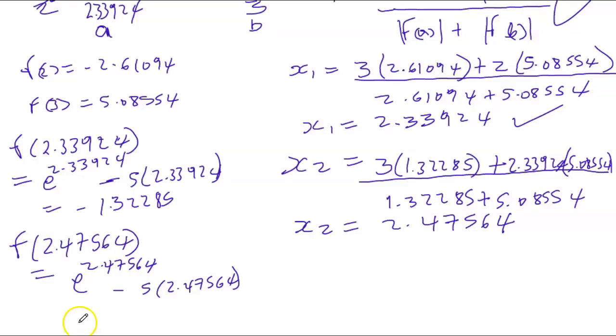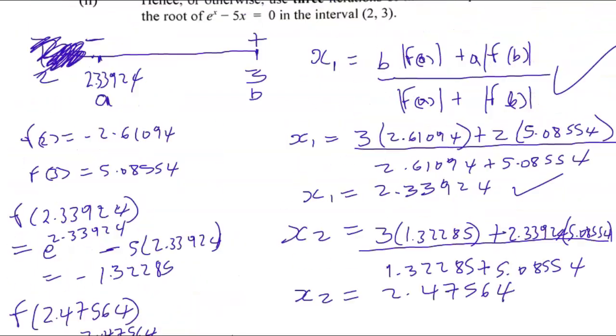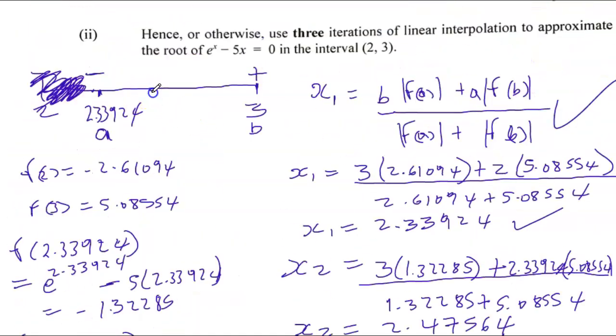We get negative 0 point something, sticking to 5 decimal places. Alright, so we'll get a negative value. So f(2.47564), this was our second iteration, is negative.